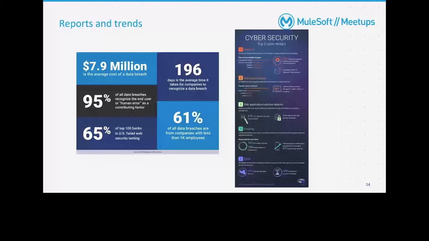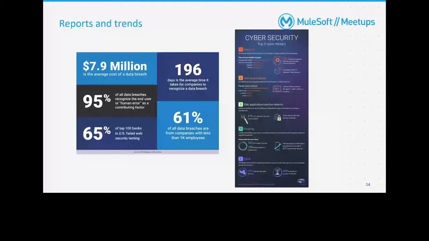And 65% of the top 100 banks failed web security testing, which is an alarming percentage. Then on the right side, you see the top 5 cybersecurity threats. I'm not sure if you're able to read it, but the first one is malware. This is some sort of code or software that is being passed to cause damage without the owner's knowledge.